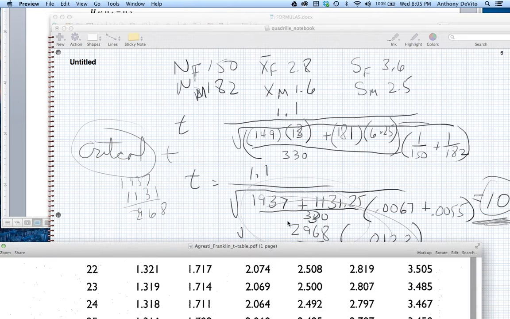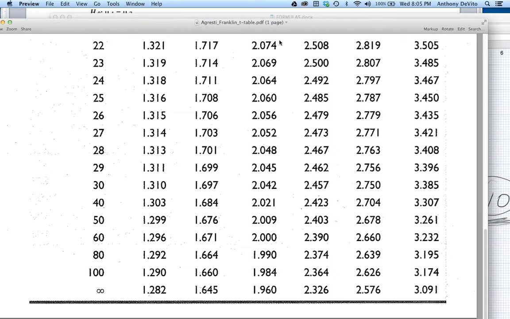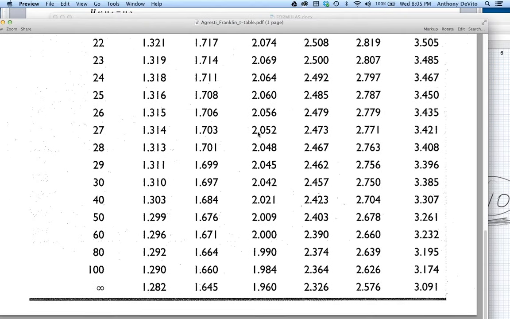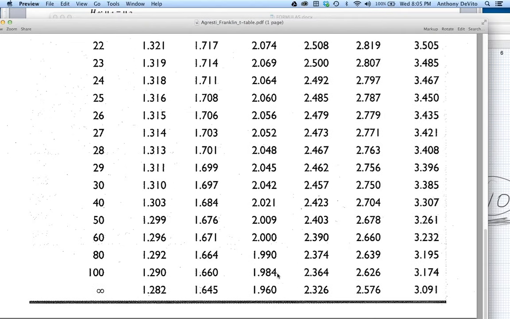T table. Everybody agree with me there? Any problems with that so far? Well, it's going to be like 1.98. 10 exceeds 1.98. So what do I do with my null hypothesis? I reject it because my p-value is bigger than my critical value.